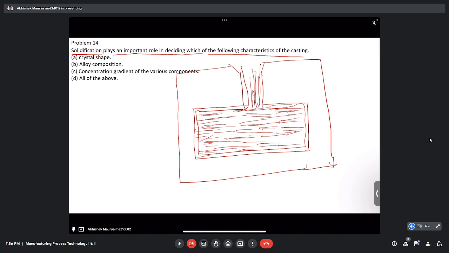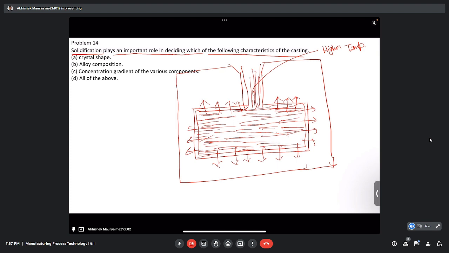Since this molten metal is at a higher temperature, it will start transferring heat. So heat transfer will be higher in which region? It will be near the mold walls, because the mold walls are in direct contact with the molten metal. By the conduction mode of heat transfer, the molten metal will quickly transfer heat to the mold wall.